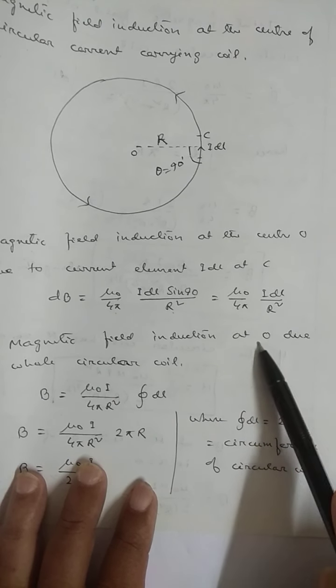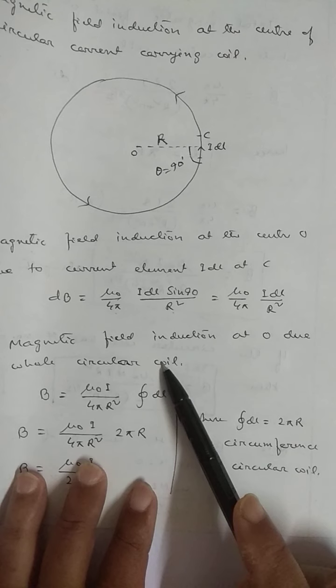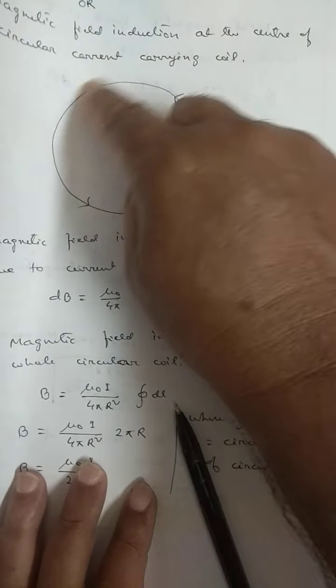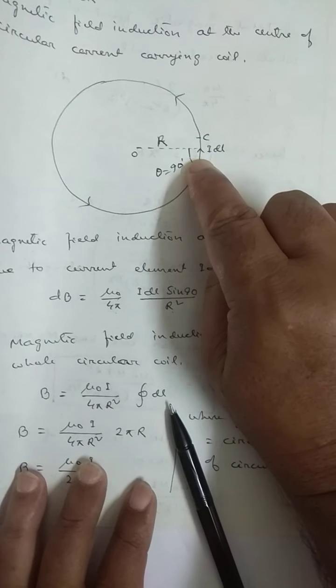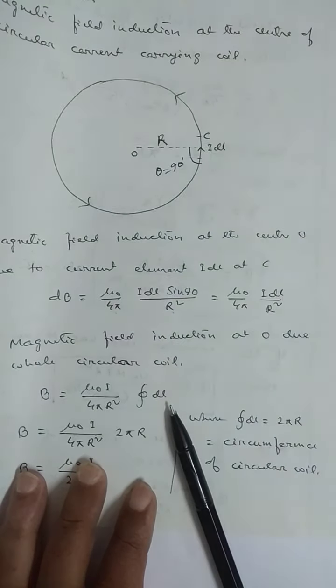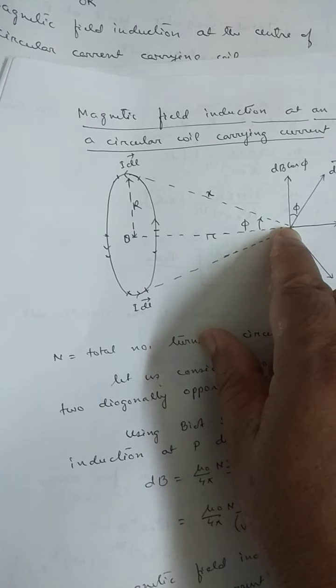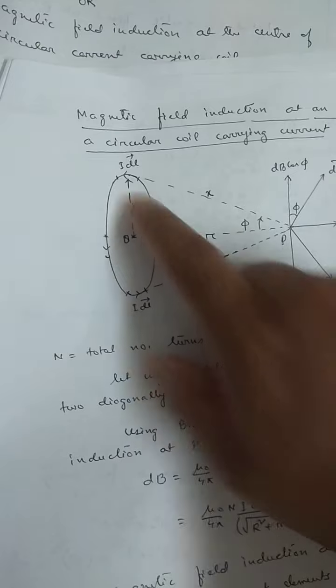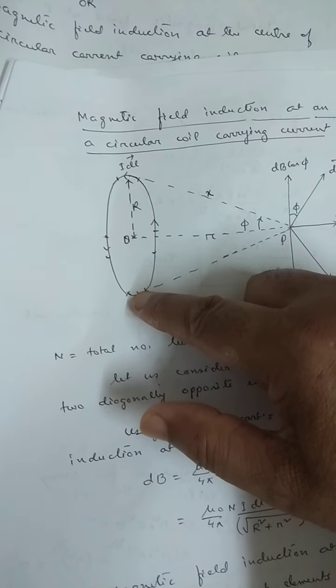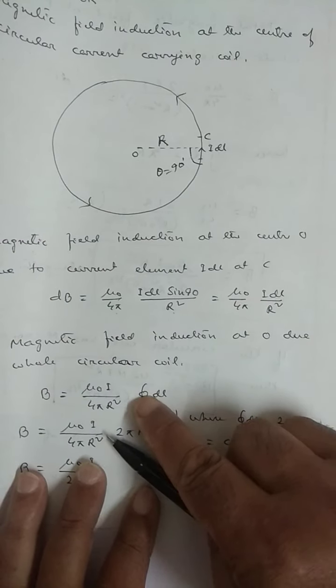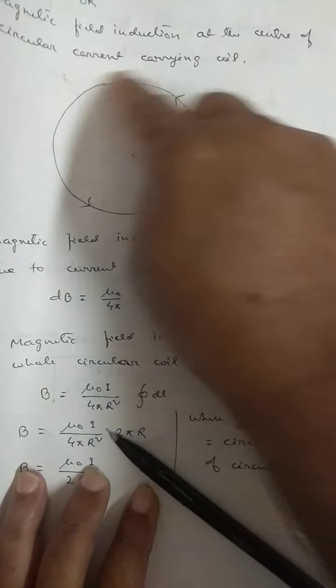Therefore magnetic field induction at O due to the whole circular coil, I have to integrate it. But this time the integration is over the whole circle, because we consider only one current element. In the previous case, when we found the magnetic field induction at an axial point, we considered two current elements at two diagonally opposite ends, so our integration became only half of the circle. But here we consider only one current element, so we have to integrate over the whole circle.